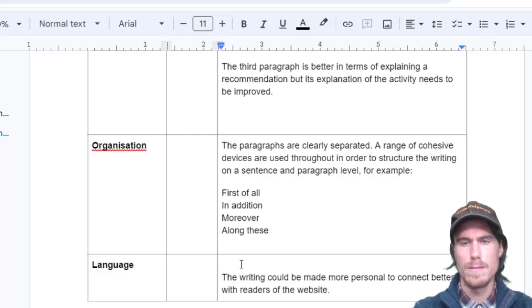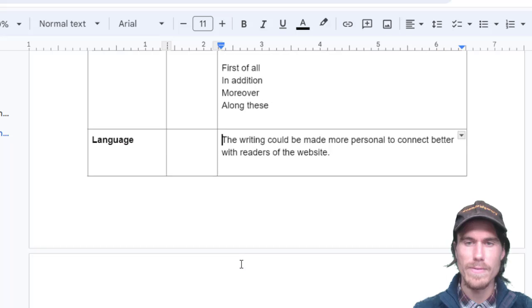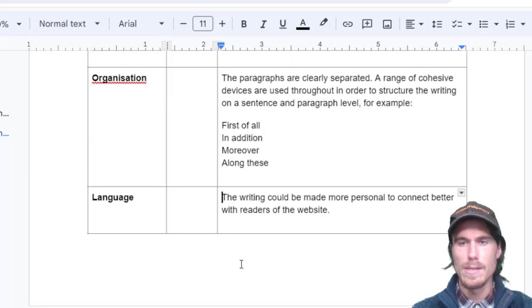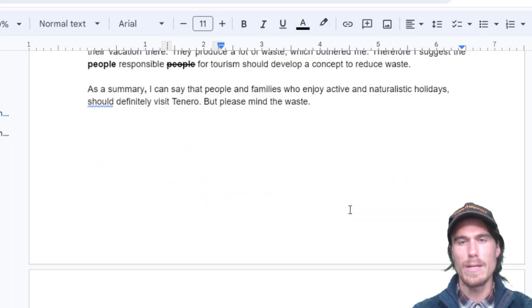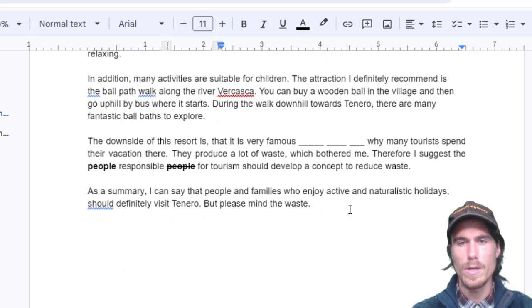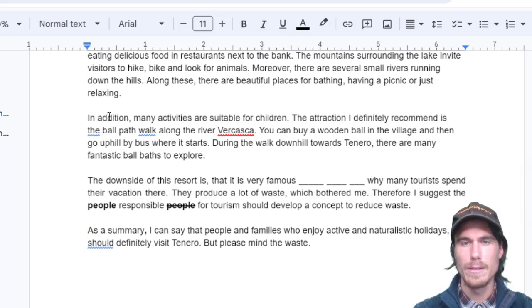And language, again, I think it's fine. It can be improved in terms of its connection with the audience. As I said here, more personal, to connect with readers. But the actual words and phrases, as a summary, are good enough, I think.